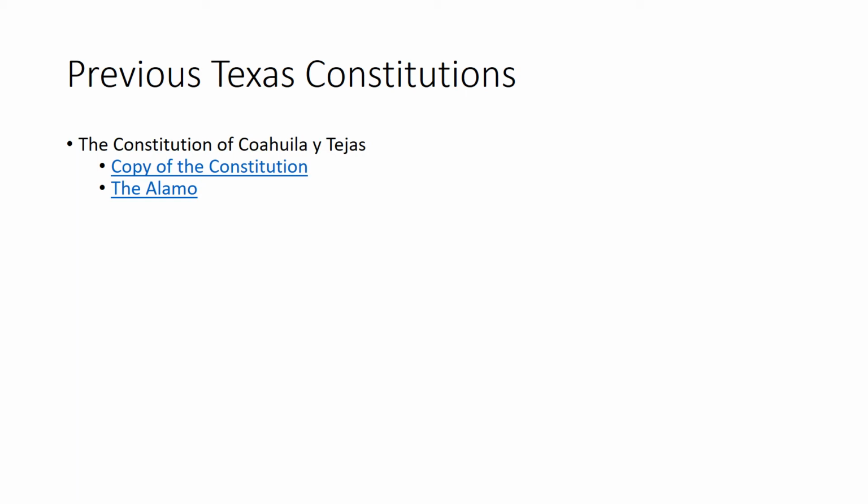In other words, if you came from one of the U.S. states, say you moved from Virginia to what was then the territory of Texas, what was then Coahuila y Texas, you bought property in this new territory. The people that you owed money to back in Virginia could not come after your new property.